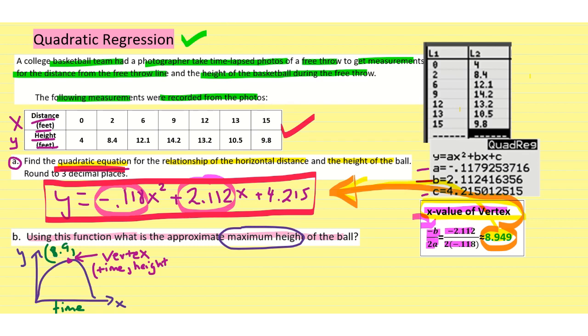So when we do that, we are going to have y is equal to negative 0.118, and then the x will be our x value, 8.949, squared, plus 2.112 times the x, so the x is going to go right there again, 8.949, and then plus 4.215.